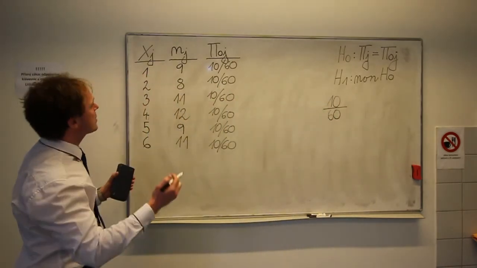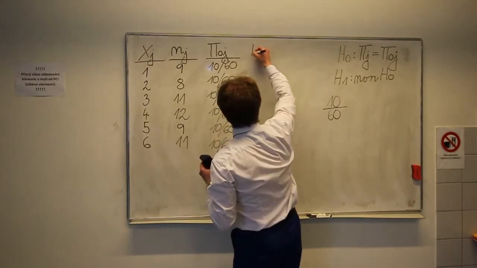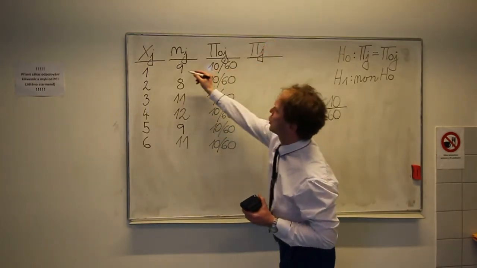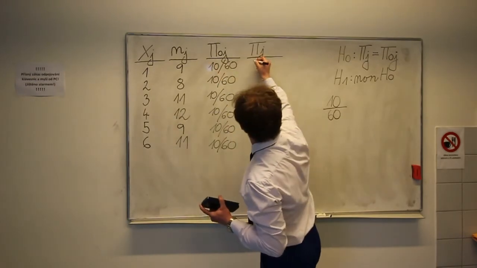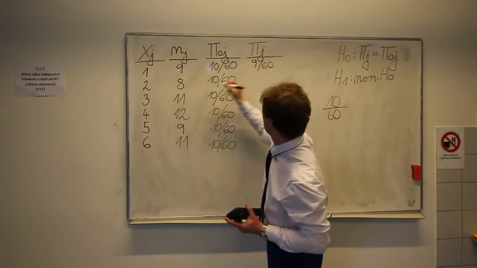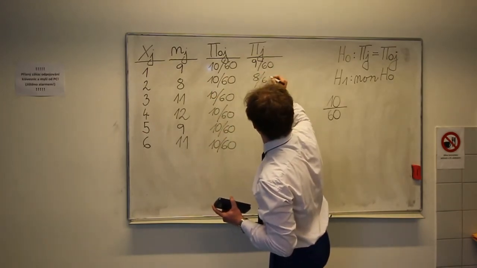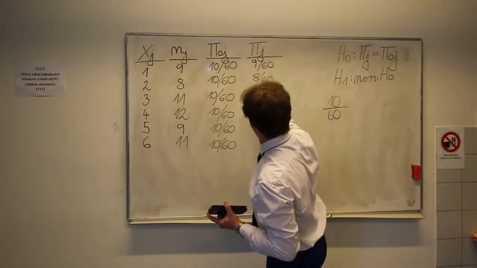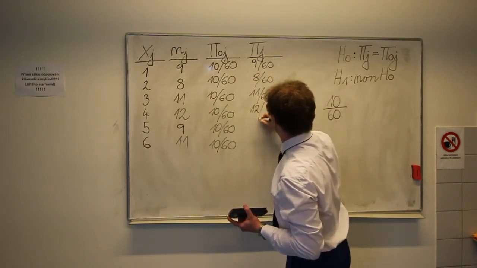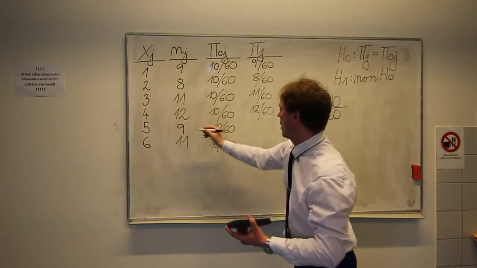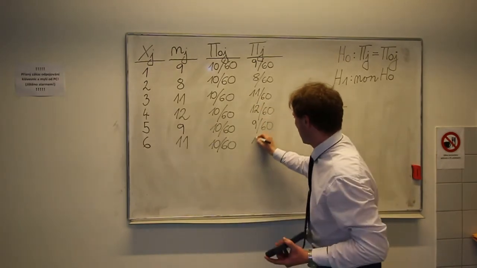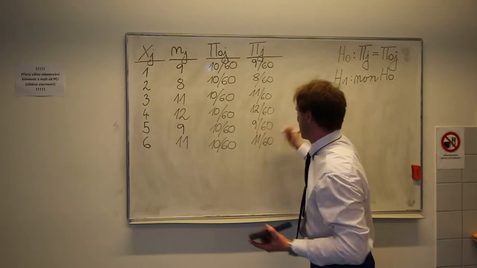But instead of this, I have here Pj. So what is a Pj? 9 divided by 60, 8 divided by 60, 11 divided by 60, 12 divided by 60, 9 divided by 60, and 11 divided by 60.